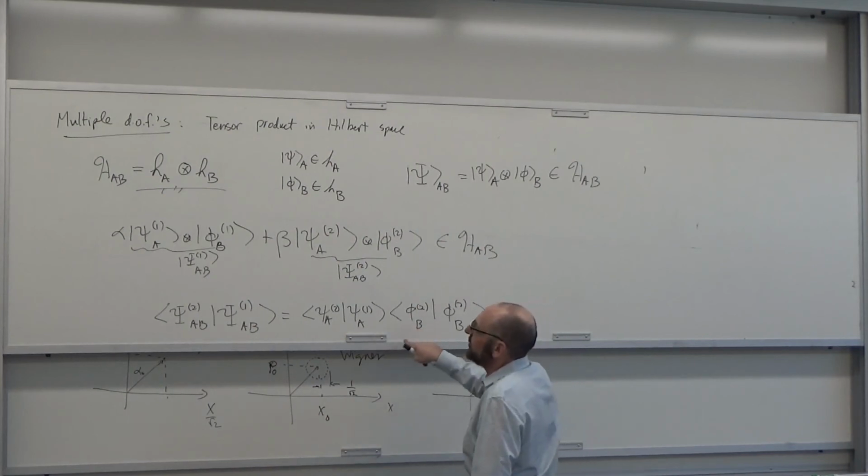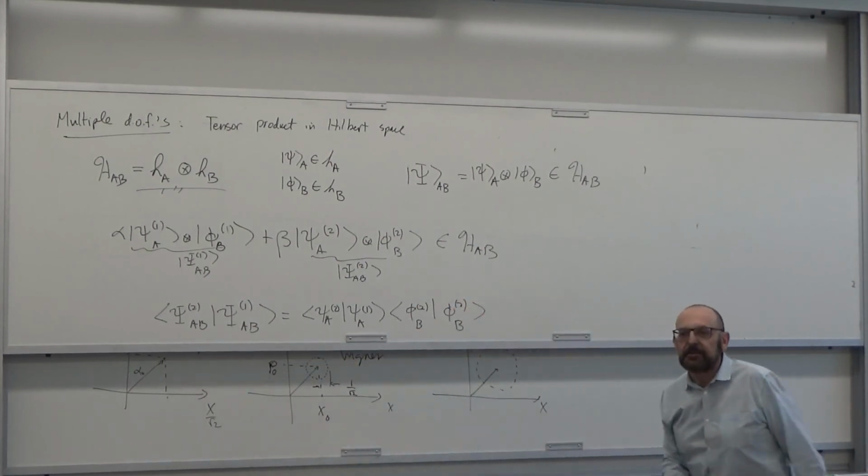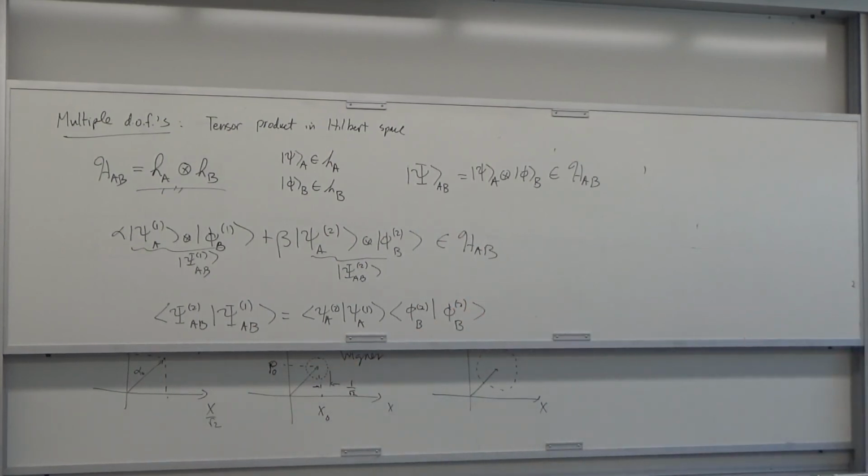I multiply them together to get the total inner product. Okay? That defines the tensor product Hilbert space.